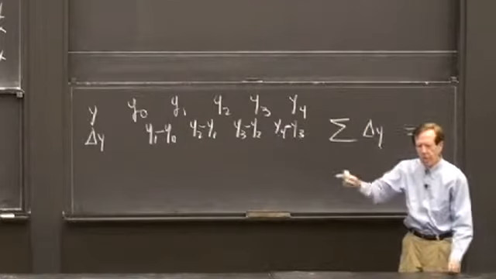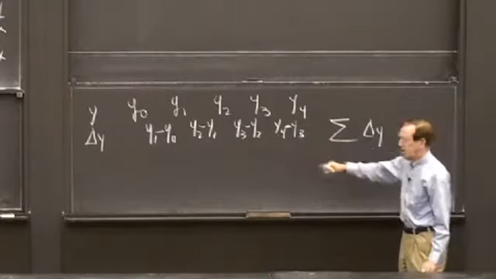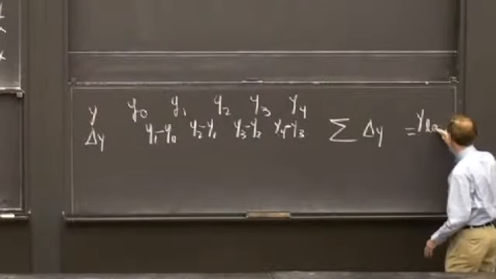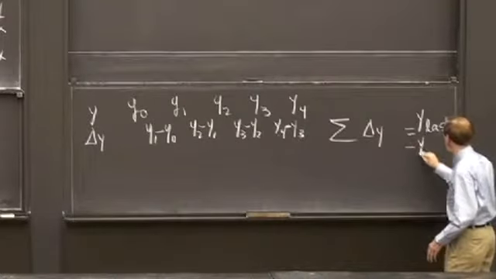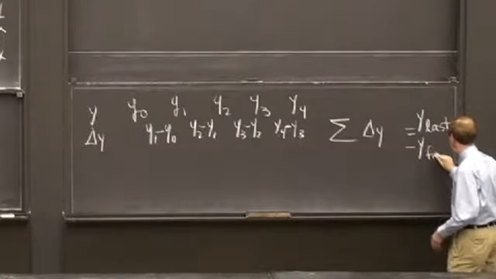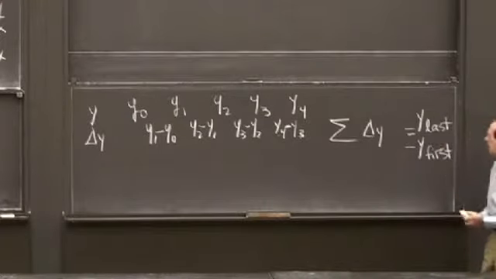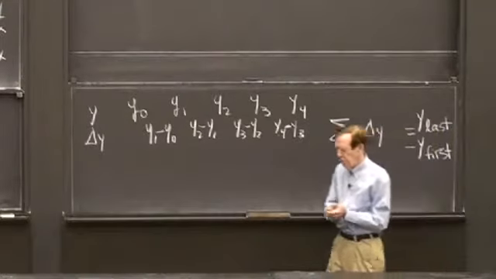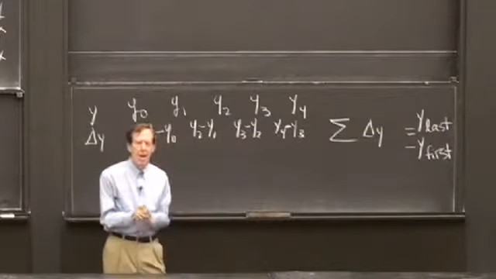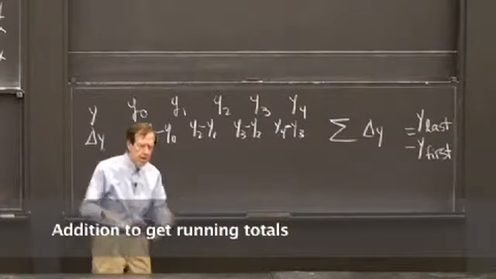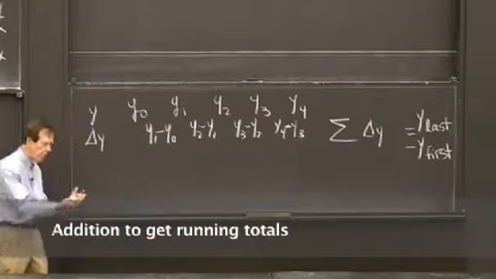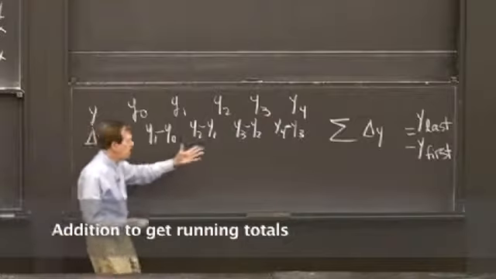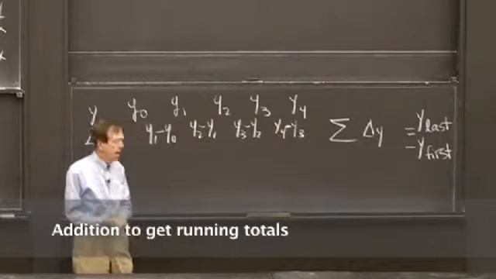So it was y4 minus y0, the last y minus the first y. I'll just write y last minus y0, y first. Y end minus y start is the sum of the delta y's. Simple algebra. Reminding us again, though, and again, that the opposite, the inverse, to go the other way from 2 to 1, we add, where before we add pieces to get back to the y's. Okay.